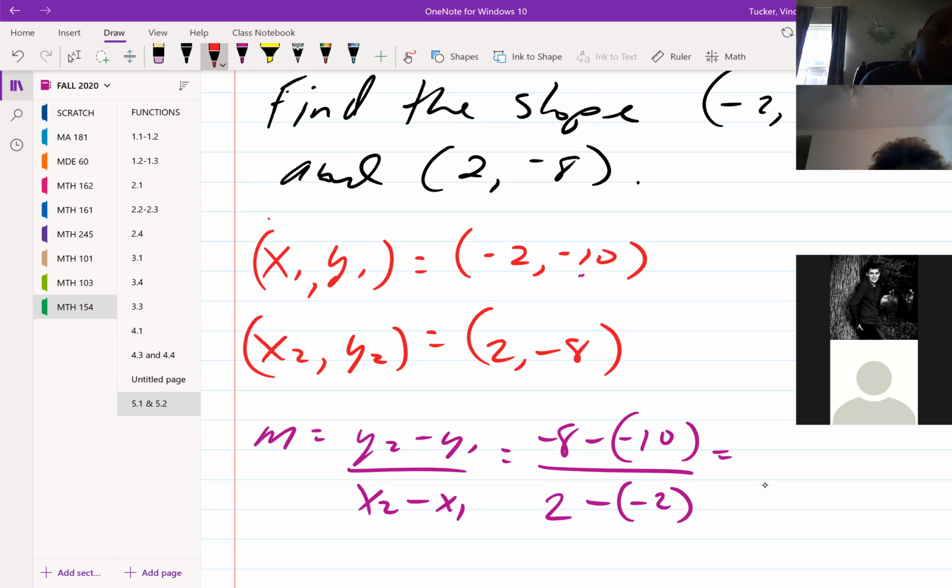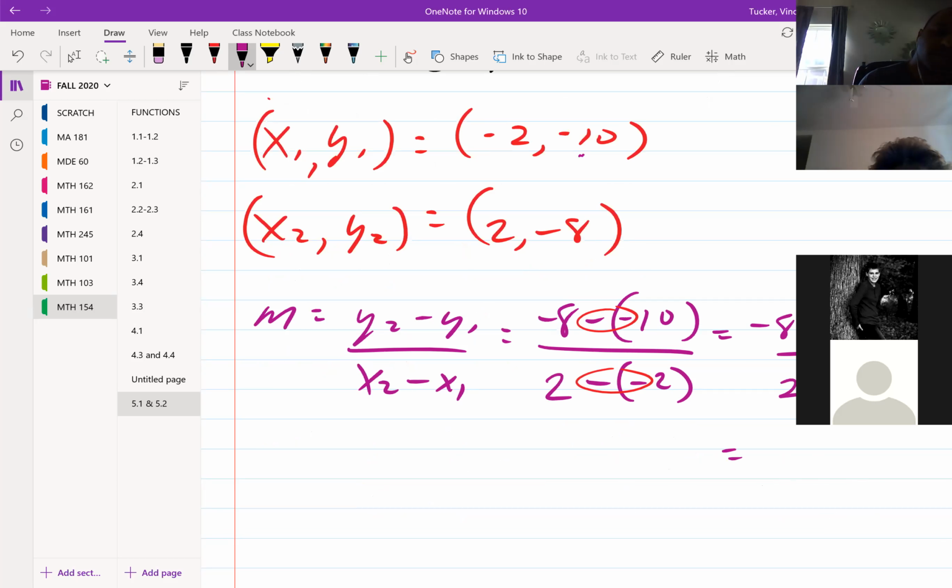So negative and negative turns positive in both cases. -8 plus 10, 2 plus 2. So that'll be 2/4, which is 1/2.